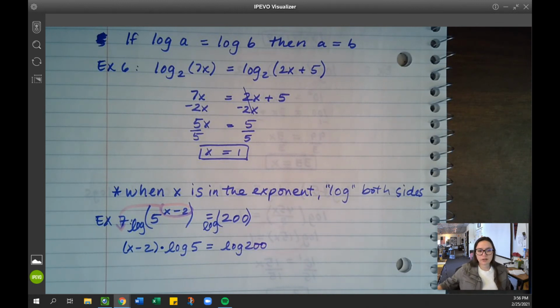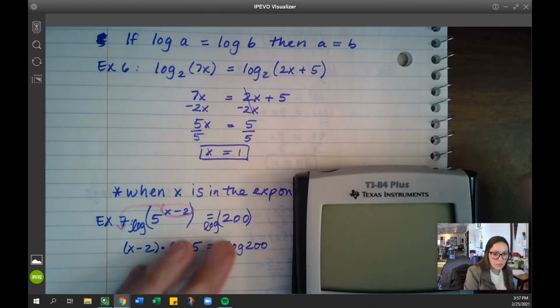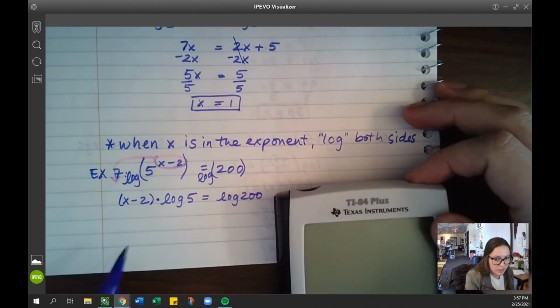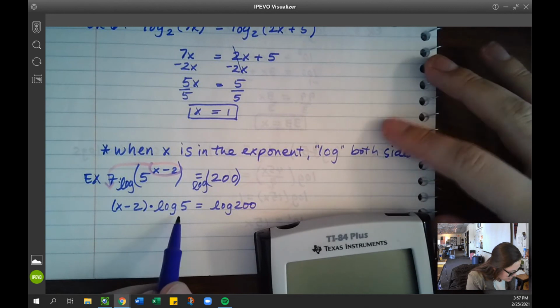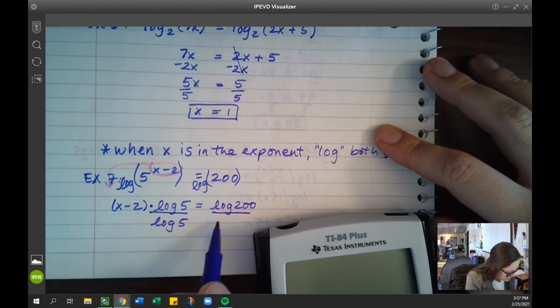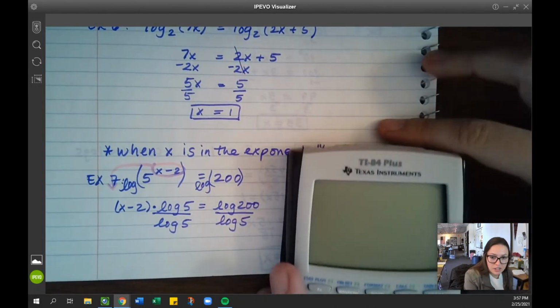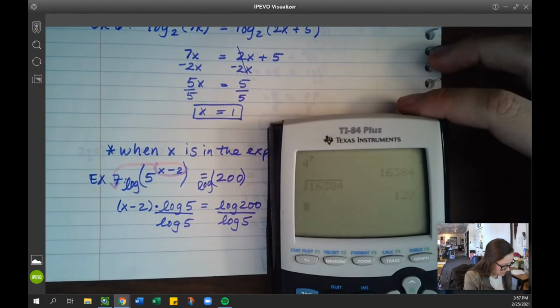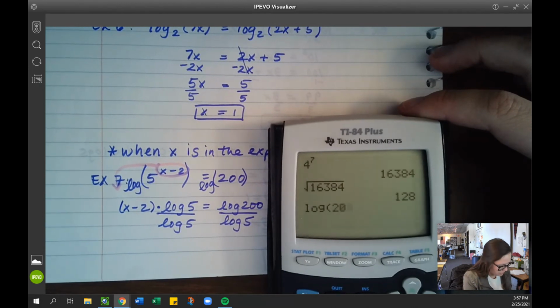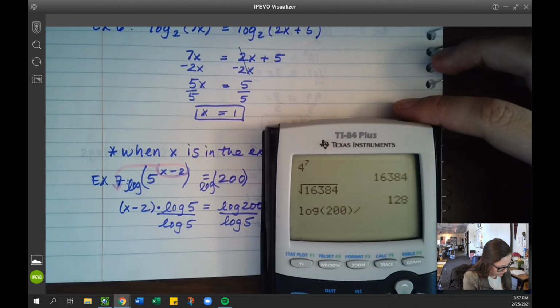Now, this is where our calculator is going to come in handy. What I'm going to do is divide both sides by log 5, and I'm just going to use my calculator to do it. So log 200 divided by log 5.